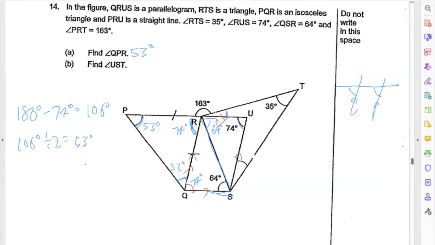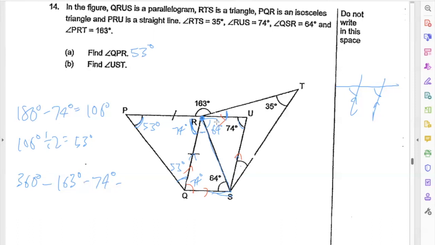This angle is an angle at a point. Angles at a point add up to 360, so I minus all the angles around that point. 163 minus 74 minus... wait, I don't have this angle. Let me find this angle first.